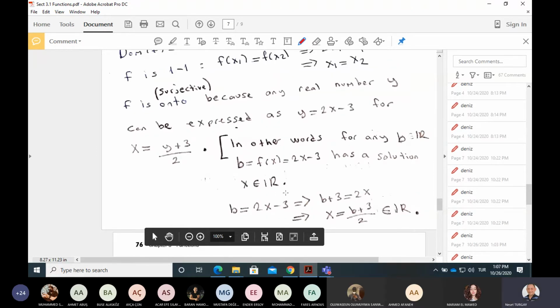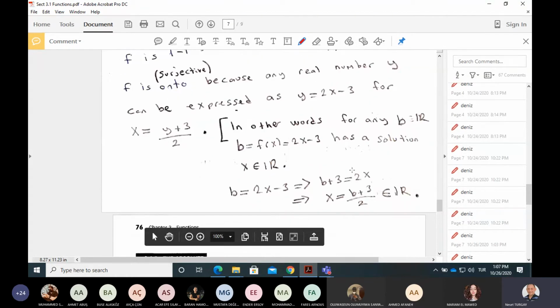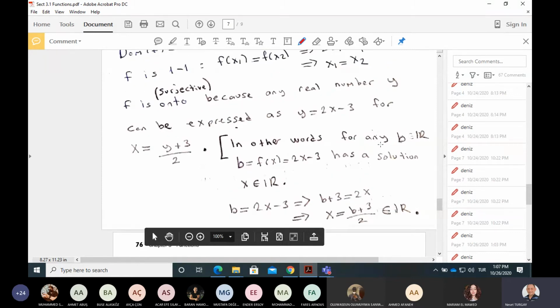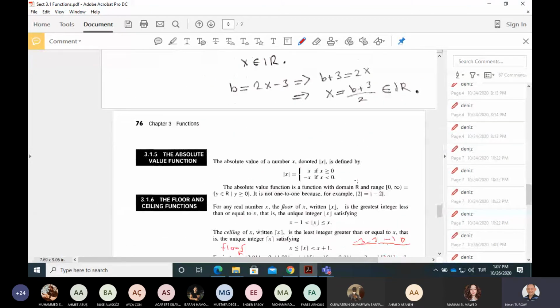What is said here is just I want to express with the concepts which were given in the beginning of the class. Maybe you didn't understand this one. I just want to say this also. So then it is surjective. So sometimes to find surjective, you can go through this method or you can find the range.